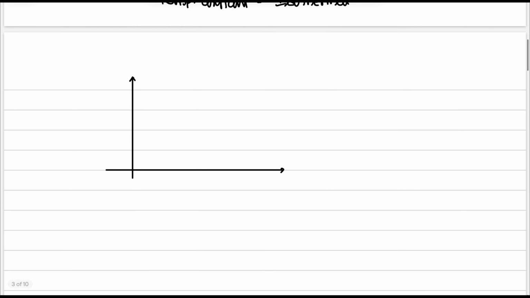Let us say pressure is on the y-axis and volume is taken on the x-axis, and for an isothermal process it will be like this.